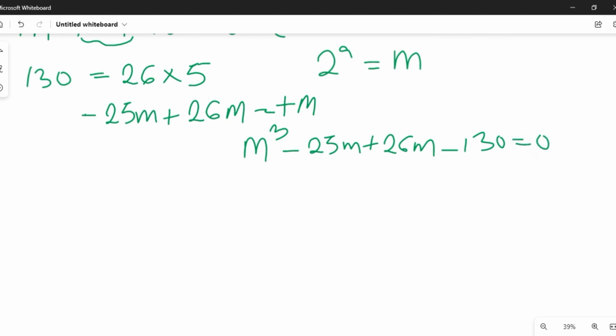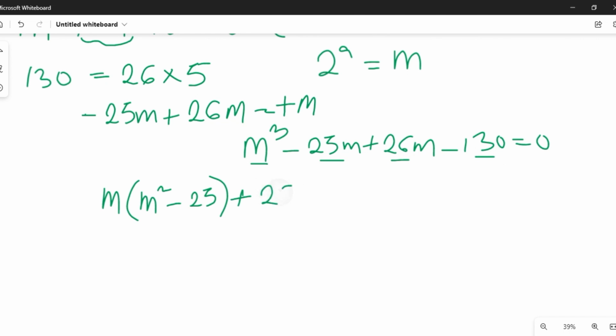So if we simplify this, we have m^3 minus 25m, and we bring out m, then we'll have m(m^2 minus 25). Then for over here we'll have plus 26m minus 130. What is common in this and this? We'll see that 26 is common.